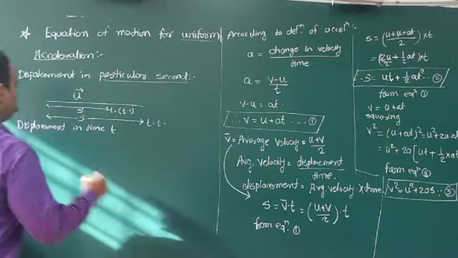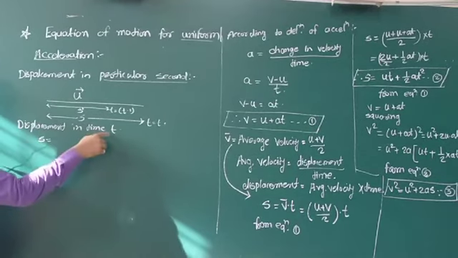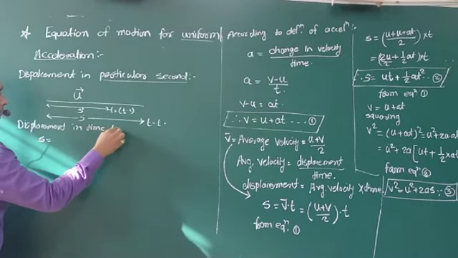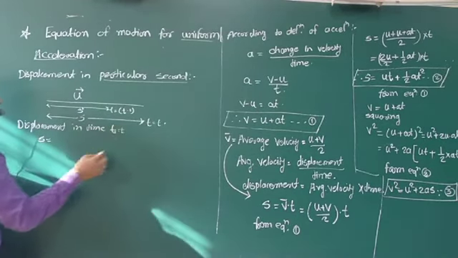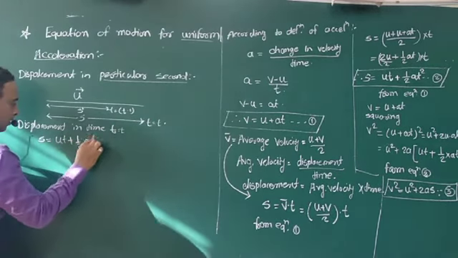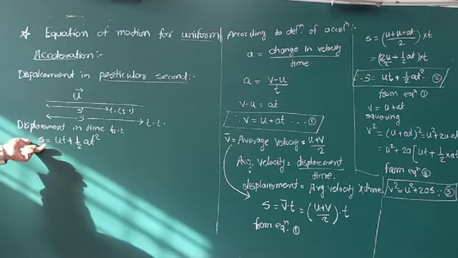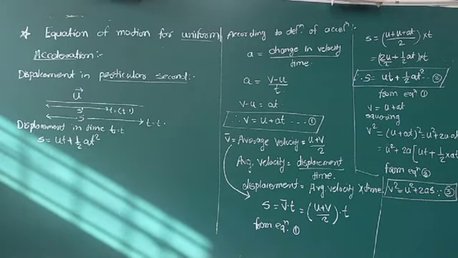For displacement, using equation number two, for time t we get s is equal to ut plus half a t square. This is the displacement in time t.